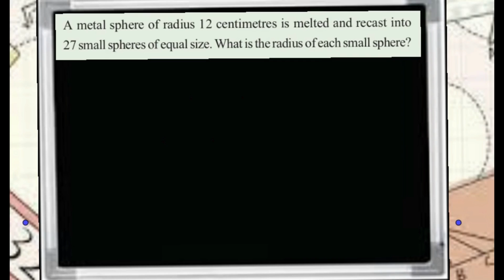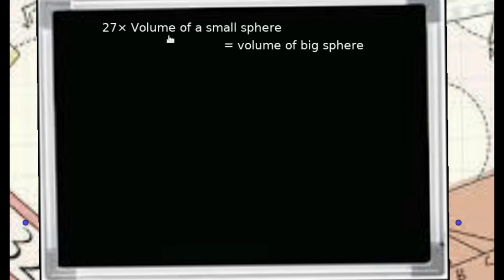Therefore the volume of 27 small spheres is equal to the volume of the big sphere. That we can write like this: 27 into volume of a small sphere equals volume of the big sphere. Clear?